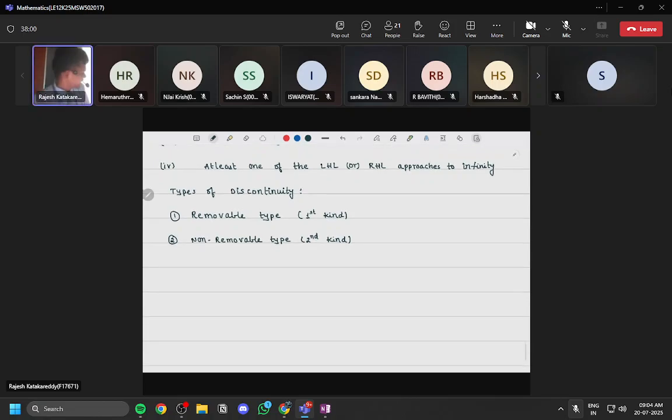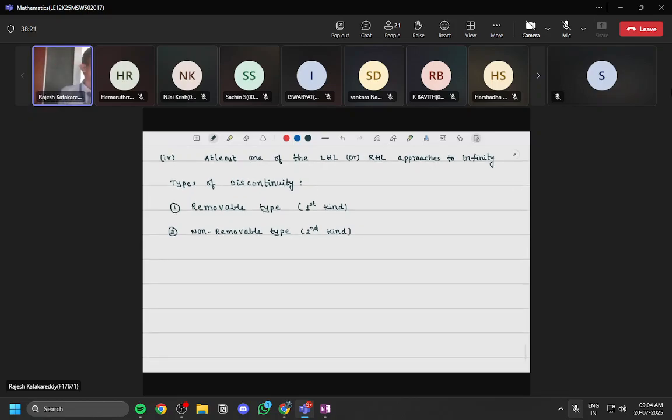In removable again you have two types. In non-removable you have three types. Right? I'm not giving the definition for removable and all. Limit exists but not equal to function value, that is removable. Limit does not exist, that is non-removable. Clear? So, by redefining the function, that we will see now.